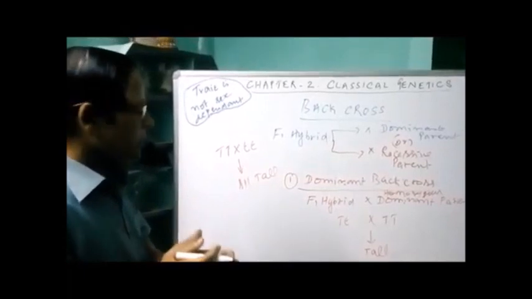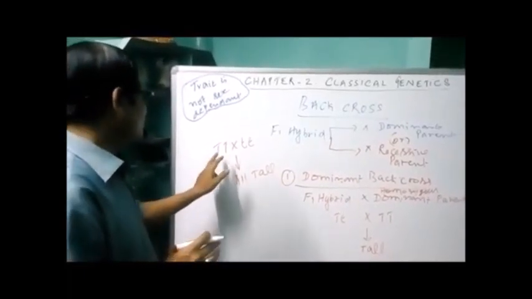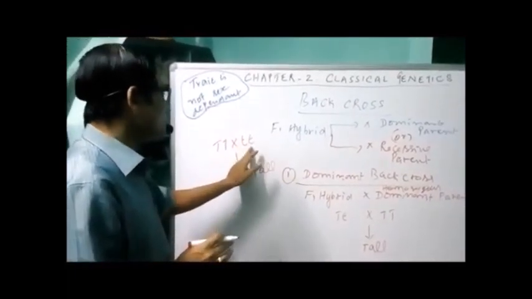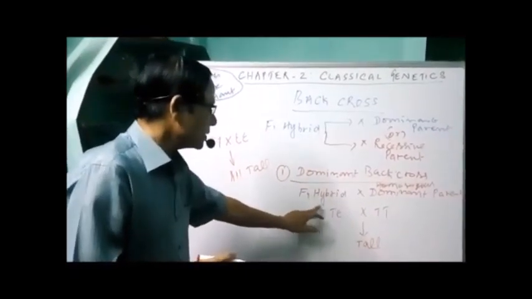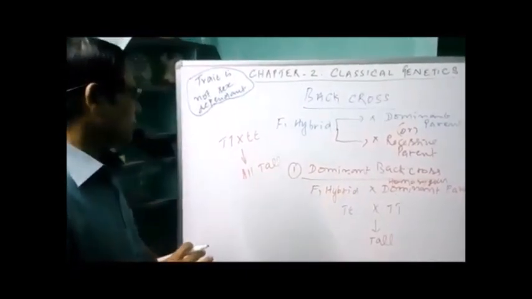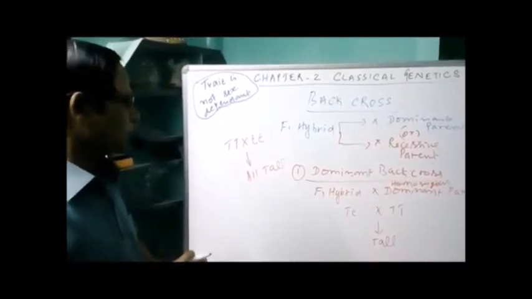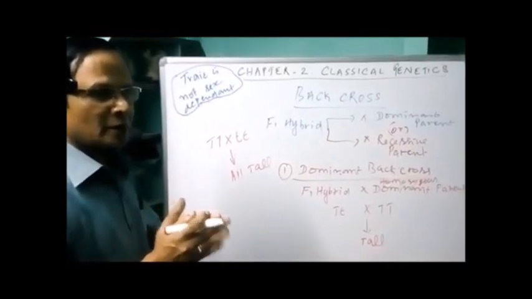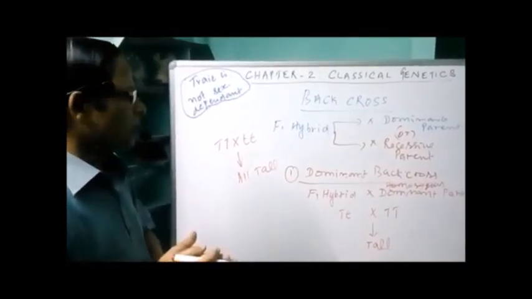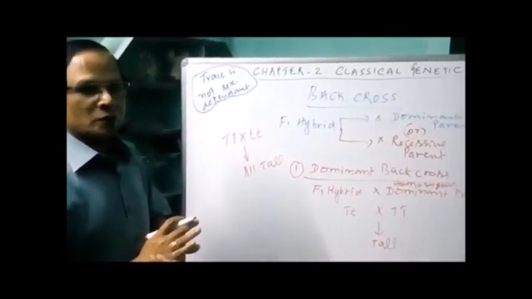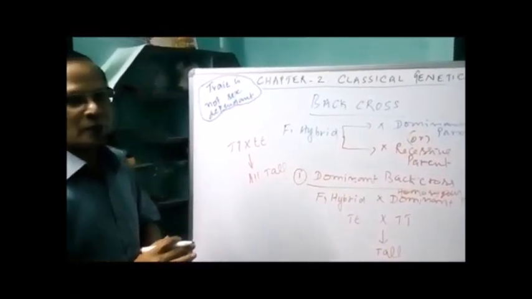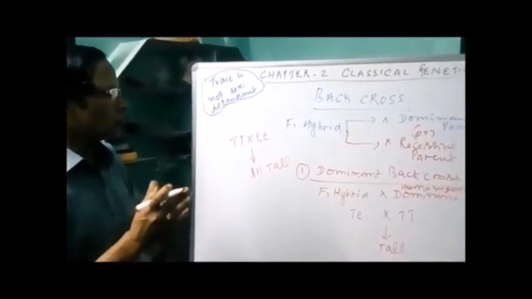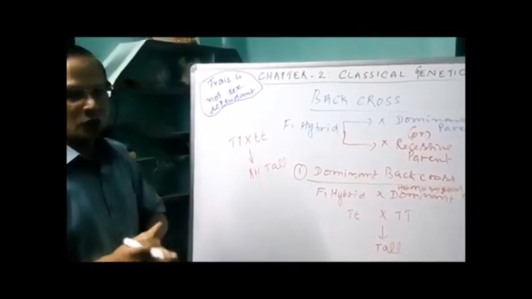The result would be the same, so it is not used to find out the genotype of the dominant parent involved. The main purpose of backcross is to find out the nature of the dominant parent, whether it is homozygous dominant or heterozygous dominant.